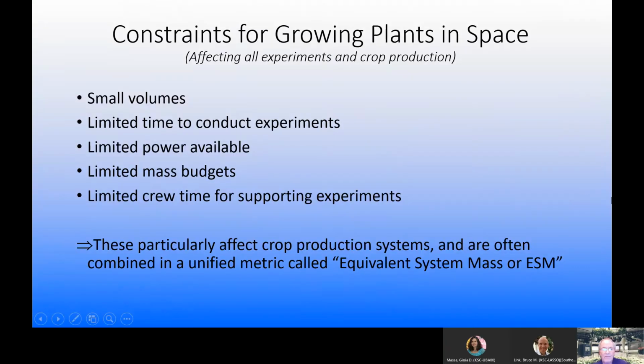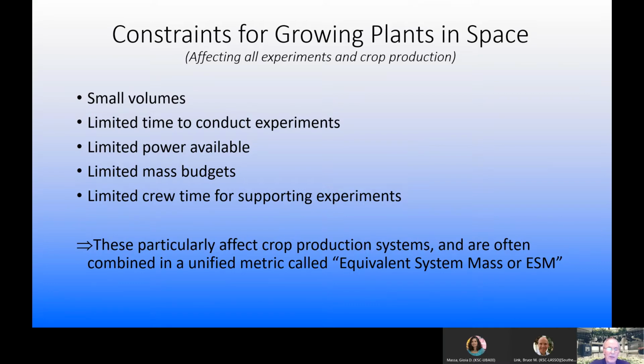So there are some constraints that we all face when you're trying to grow plants in space, irrespective of the setting or destination. You're usually constrained to small volumes. We don't have large greenhouses or very large plant growth chambers, so you need to consider that in terms of plant research and plant production systems for space. We're also typically limited in the time we have to conduct these experiments, so you have to consider that in your experimental design.